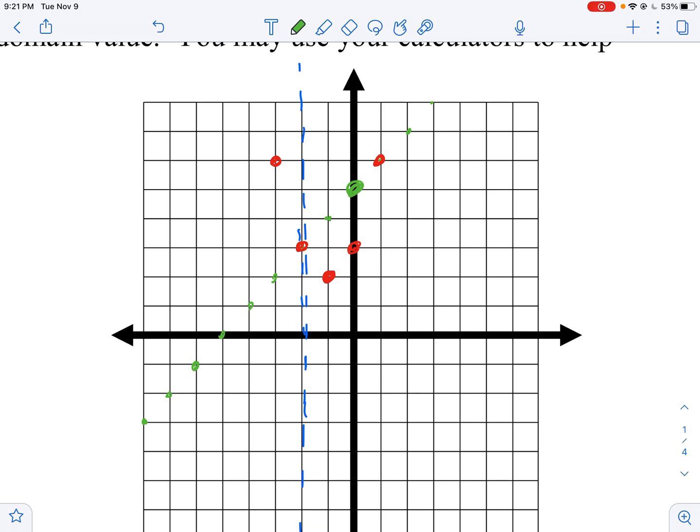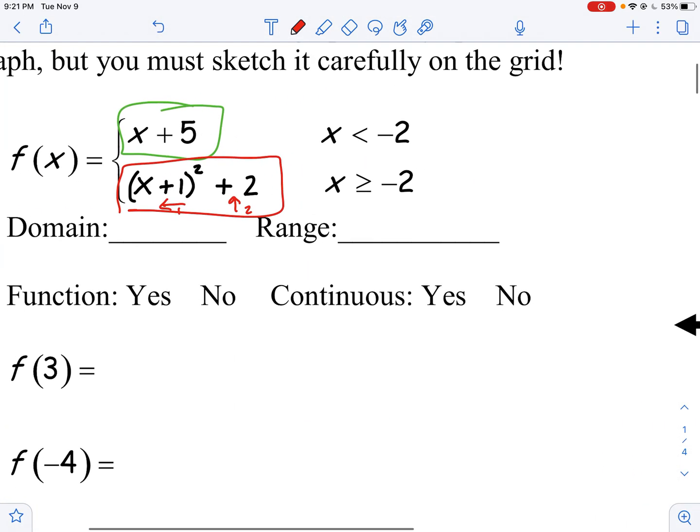Over here on the left side of it is where I draw the line. So I'm going to connect these green points until I hit that border of -2. Now I'm going to come back over here to this one.